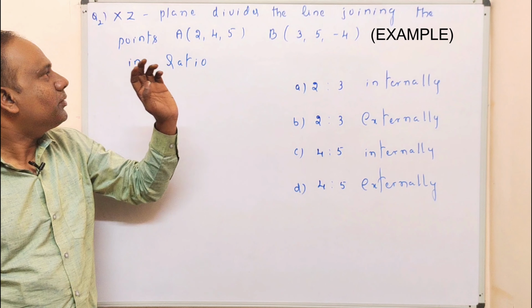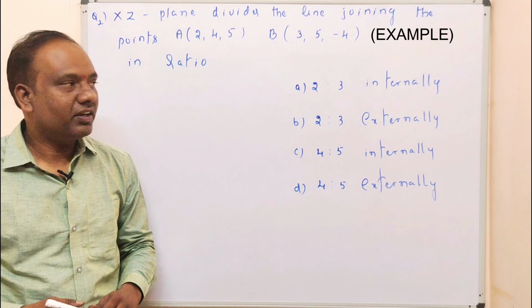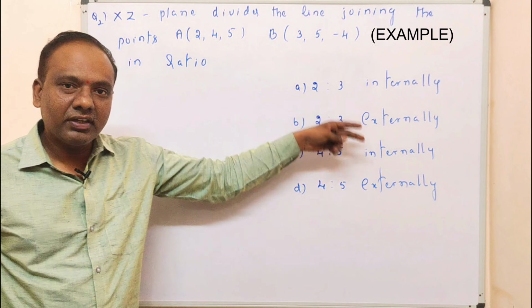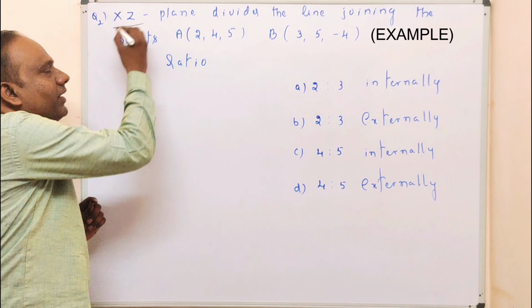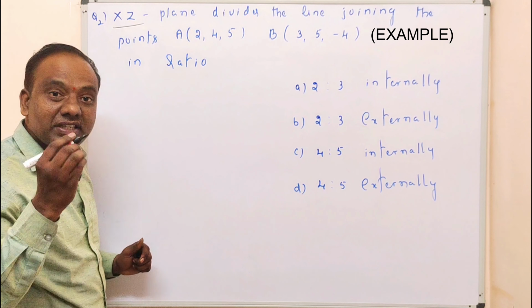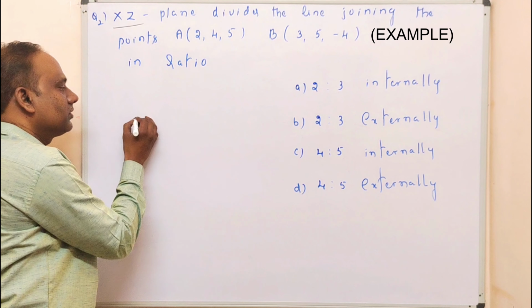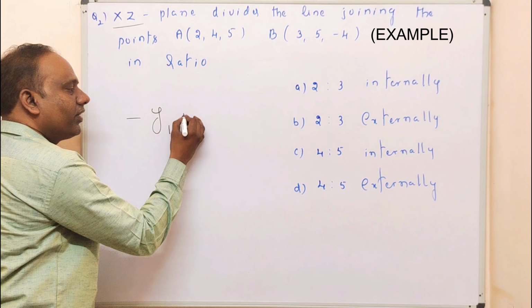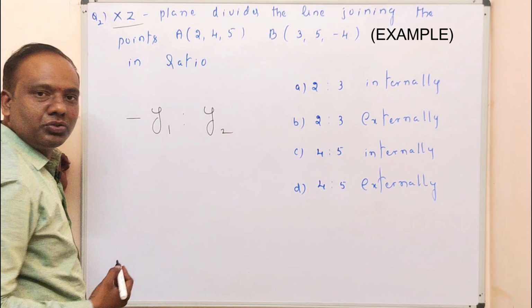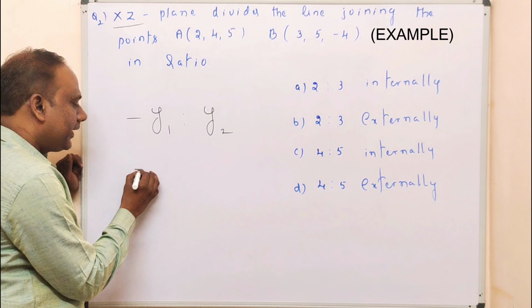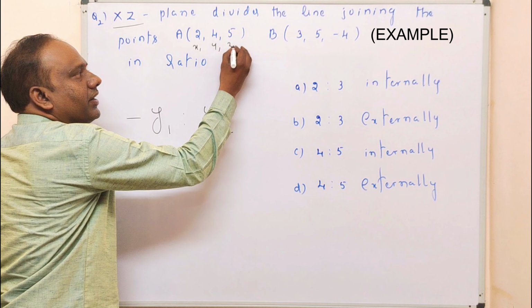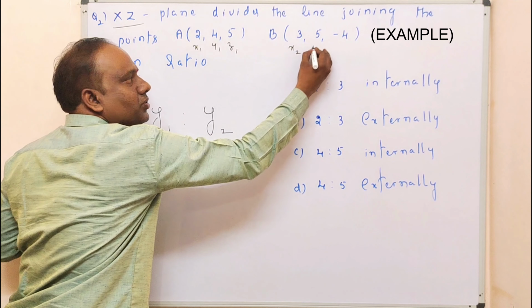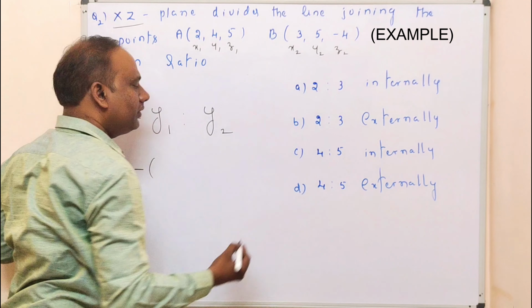Internally or externally, same as before. For the xz plane, the ratio is directly minus y1 is to y2, where the points are (x1, y1, z1) and (x2, y2, z2).